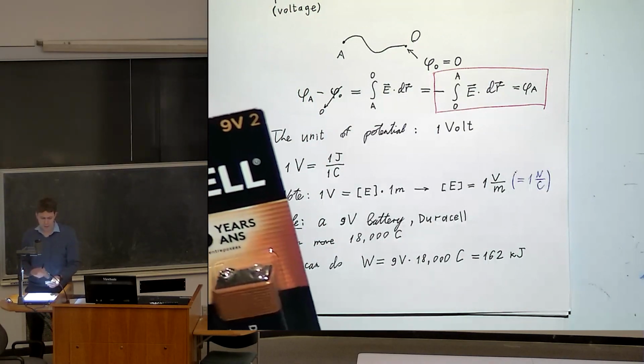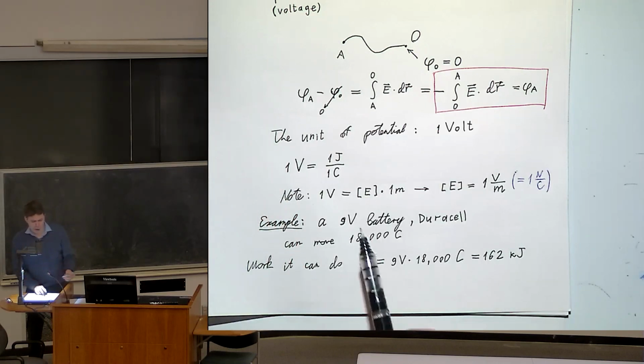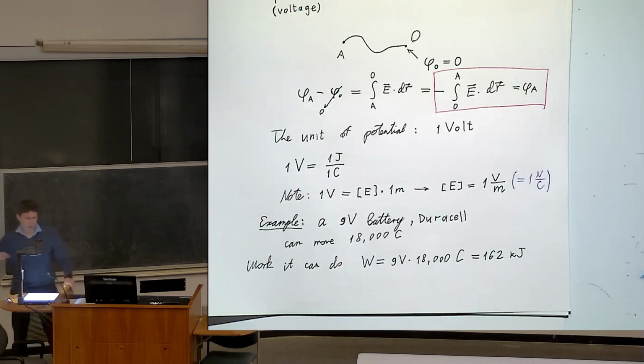Then, as you keep using it, it will drop to 9, and it will stay at a plateau of about 9 volts, but then it will drop rapidly once it's at the end of its lifetime, once it's exhausted. But to a good approximation, one can say that it maintains a constant voltage of 9 volts throughout its cycle of work. Okay.